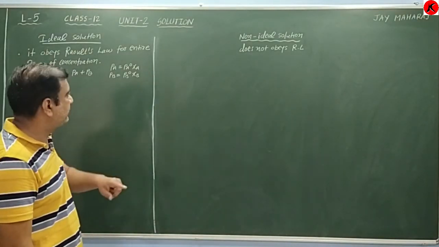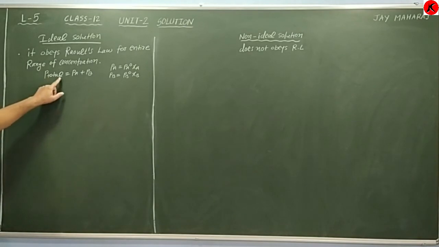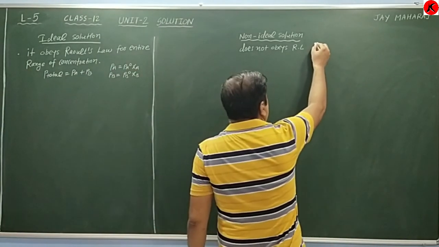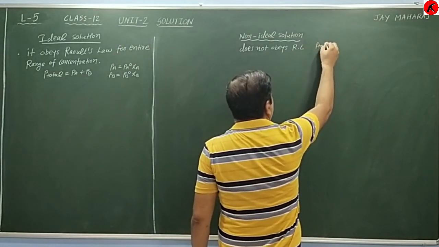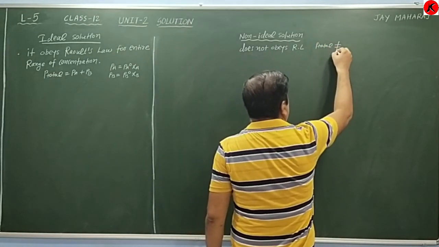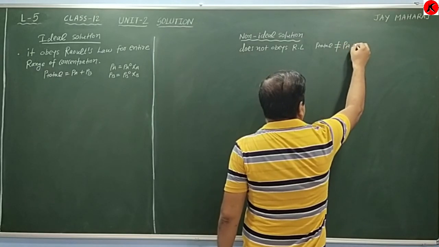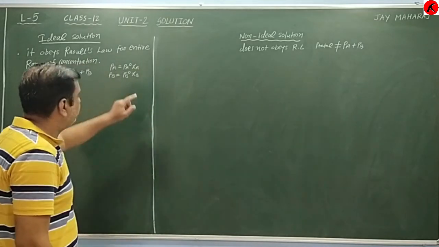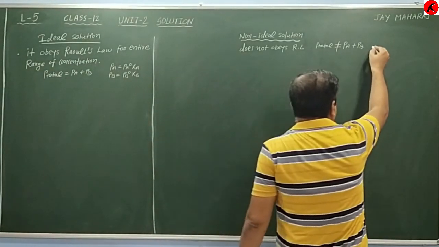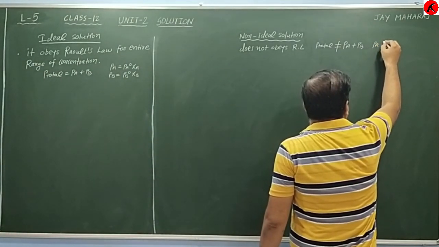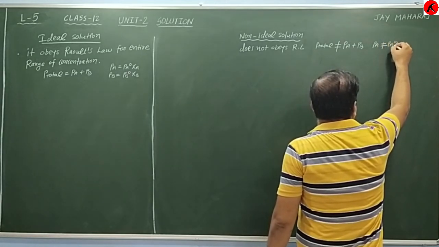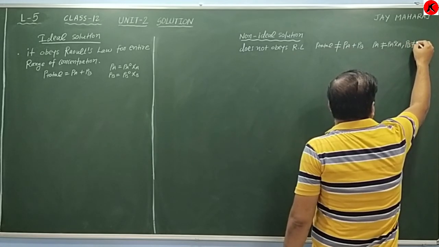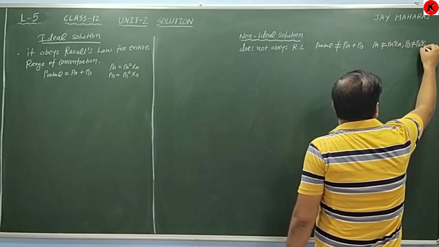Now here non-ideal solution. That means P total is not equal to PA plus PB. Again, PA is not equal to PA0 XA and PB is not equal to PB0 XB.